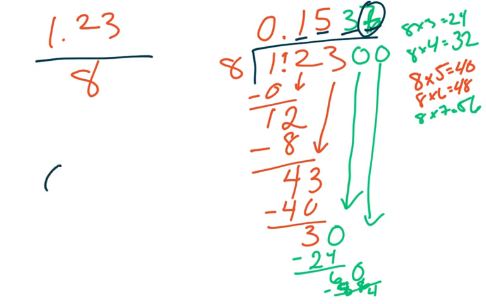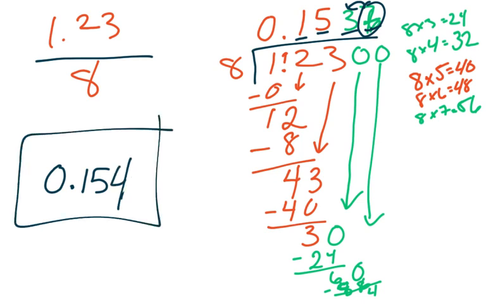So I would say this final answer is 0 and 154 thousandths, because the 7 would round that up to the next number, which is 4. So I would record this as my final answer.